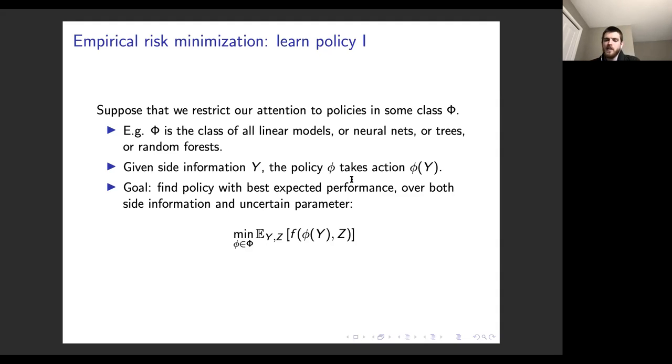You don't have to assume that it's a linear function. I see. So that linear function restriction is only for the conditional probability method, right? Yeah, that's only for the predict then optimize method. Okay, I see. Thanks.